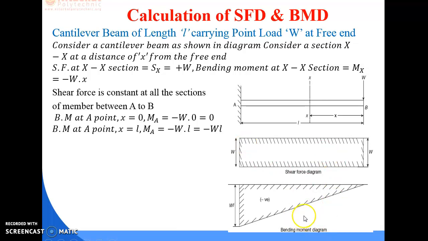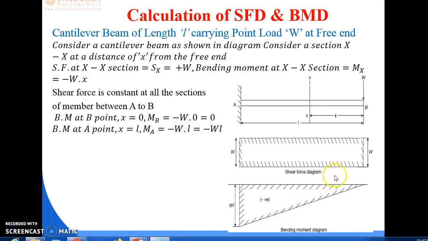Now go for calculation of the bending moment diagram. Earlier we have Mx is equal to minus W into x. So at point B, W is at point B, so x is equal to 0. So at point B, MB is equal to minus W into x, and x value is 0, so 0.